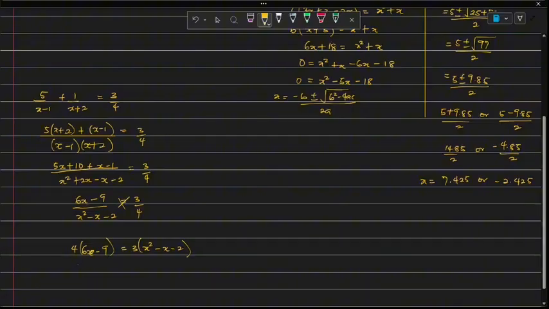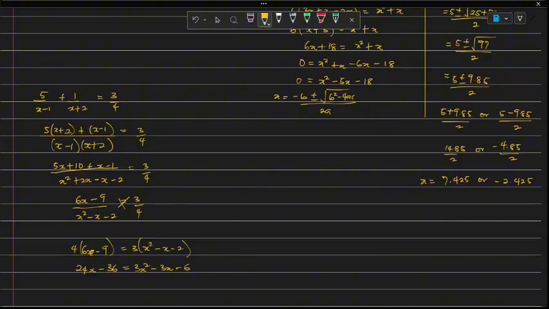When I open the brackets, 4 times 6x gives us 24x. And 4 times minus 9 gives us minus 36. This is equal to 3 times x squared gives us 3x squared. 3 times minus x gives us minus 3x. And 3 times minus 2 gives us minus 6.